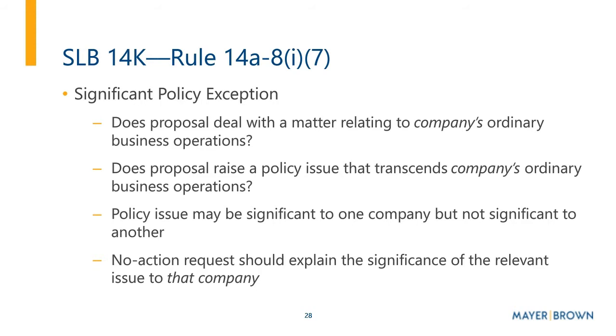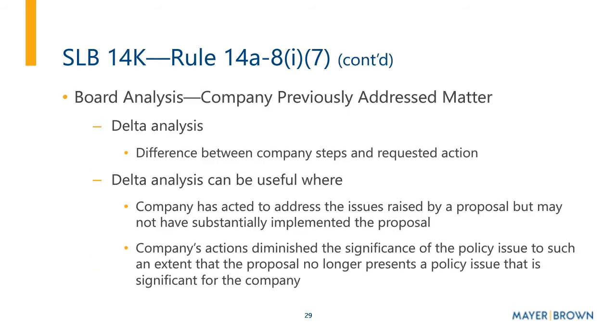And SLAB 14K also elaborated on 2 of the 6 factors that the staff identified last year as appropriate to discuss in a board analysis. So if the company has addressed the proposal in some way other than what the proposal requests, the staff wants to see a discussion of the differences.